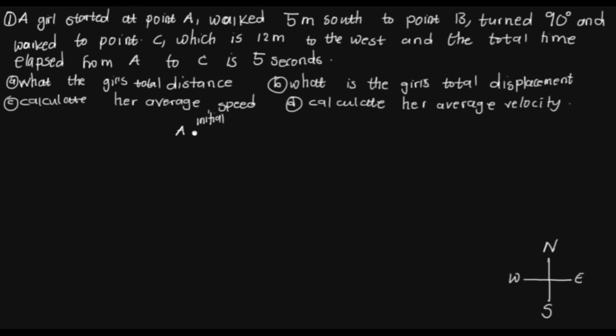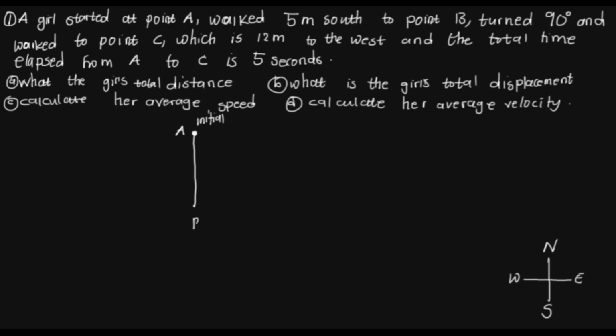Then we have been given that the girl started at point A and walked 5 meters south to point B. Since we are moving toward the south, we are going to draw a line from point A in a straight line downward.